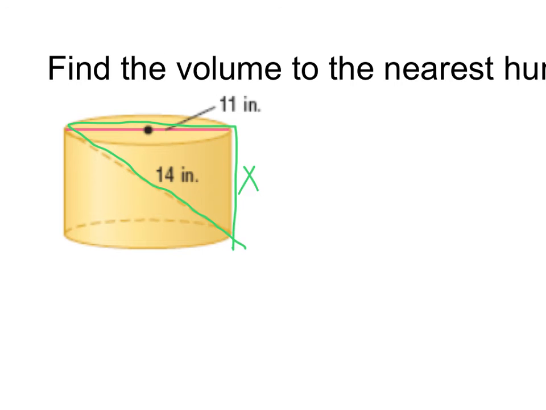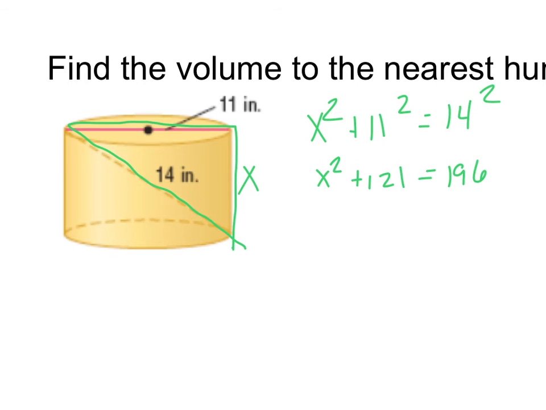So I'm going to use the Pythagorean theorem to find my missing side length. So x squared plus 11 squared equals 14 squared. 11 squared is 121. 14 squared is 196. I get x squared equals 75 because I take away 121 from both sides. Take the square root, and I get x equals 8.66.